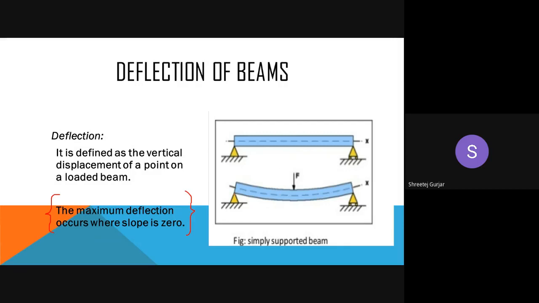If I consider the slope at this point and draw the tangent over here, it will be horizontal. So what is the slope if the tangent is horizontal? The slope is 0. So when the slope is 0, the maximum deflection is said to occur at that point.